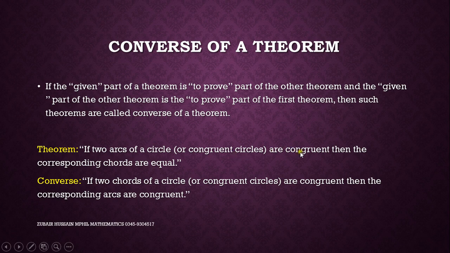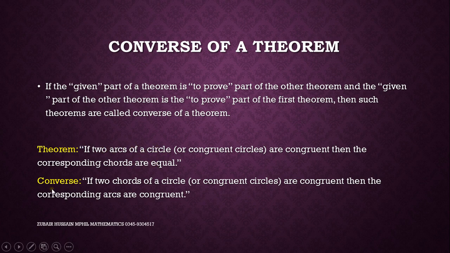For example, we have a theorem that if two arcs of a circle are congruent, then the corresponding chords are equal. In this theorem, the given part is that two arcs of a circle are congruent, and we have to prove that the corresponding chords are equal. Now the converse of this theorem will be like this: the second part of the theorem, that is to prove, will come in terms of the given part.